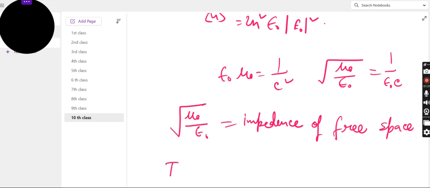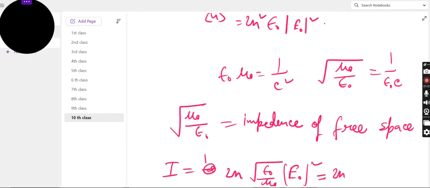And the intensity I is basically one half of epsilon naught and mu naught into E naught square. That can be written as one half epsilon naught C E naught whole square. That is our I, or we say half of epsilon C E square.